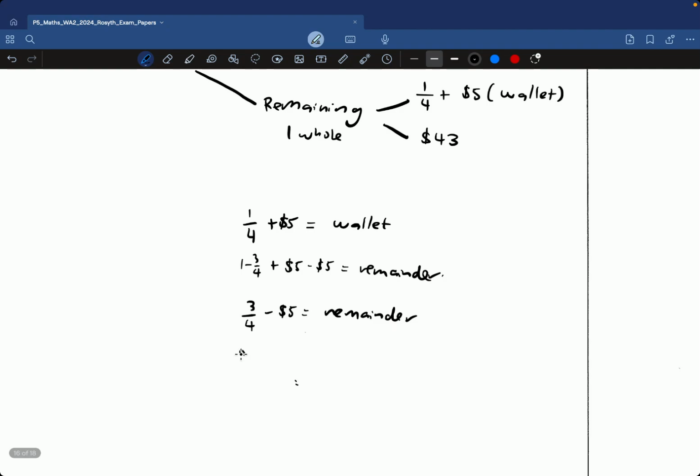And we know the remainder is $43. So 3 out of 4 of the remaining money minus $5 equals $43, so 3/4 is $48.